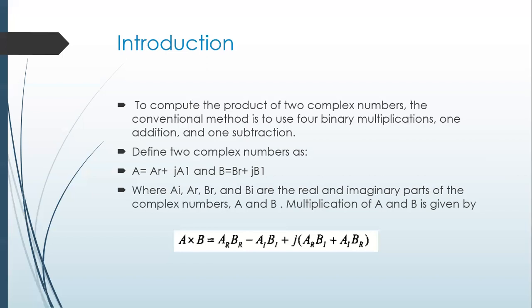The subtraction is done by AI BI, and one addition is done in the imaginary part of the whole multiplication, that is AR times BI plus AI times BR. And the four multiplications are between the two real components, the two imaginary components, and between the real and imaginary components, that is AR BI plus AI BR.